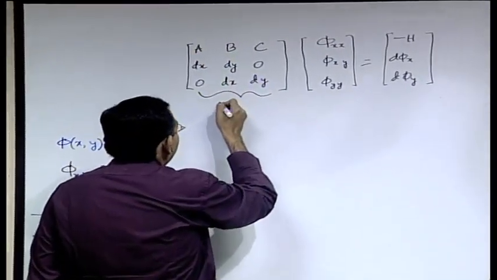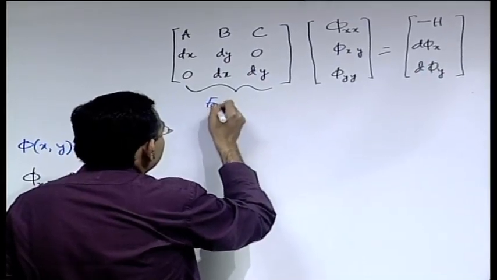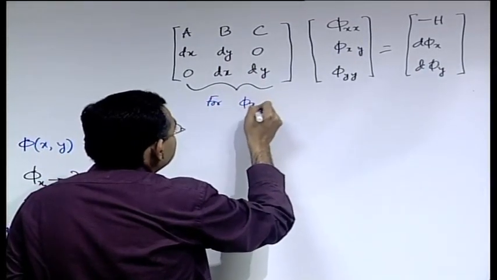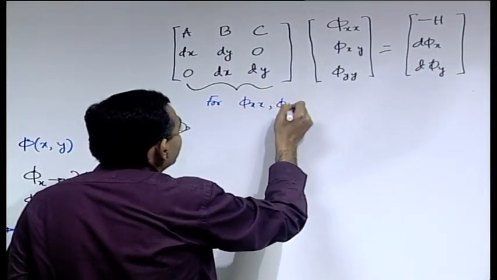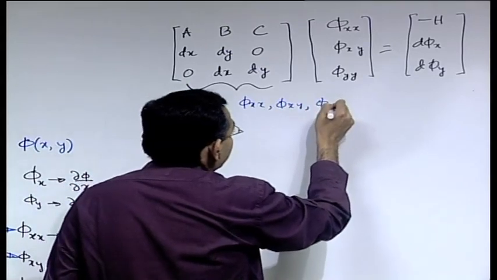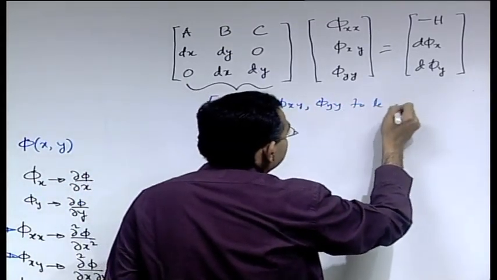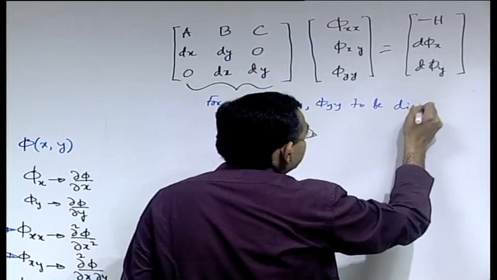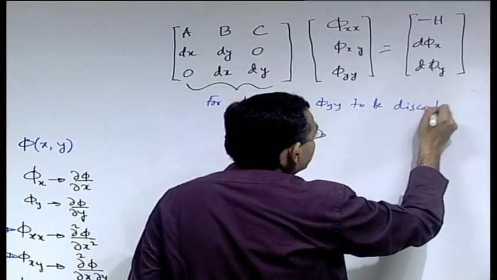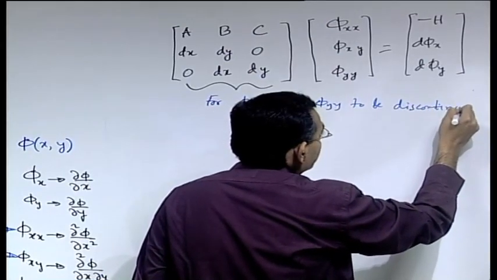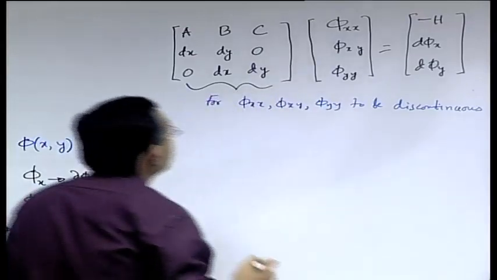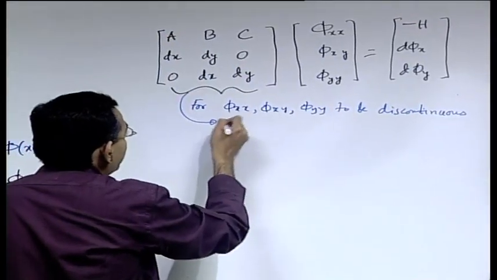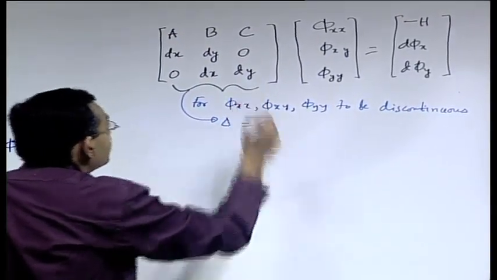So, for phi xx, phi xy, phi yy to be discontinuous, you must have this determinant to be equal to 0.